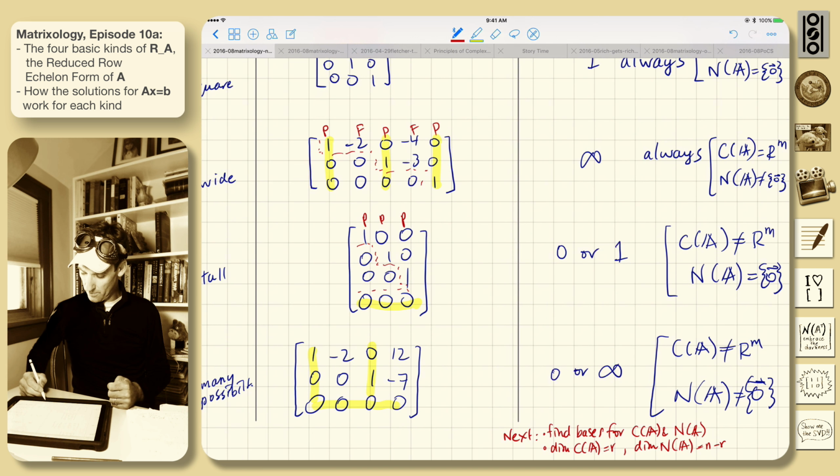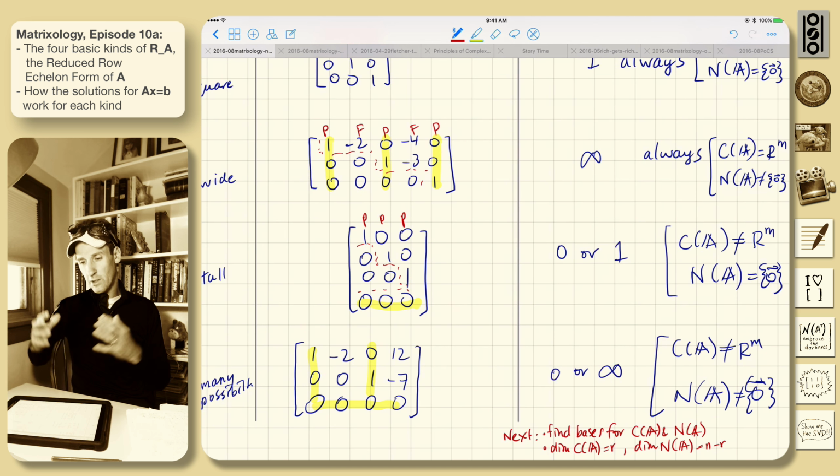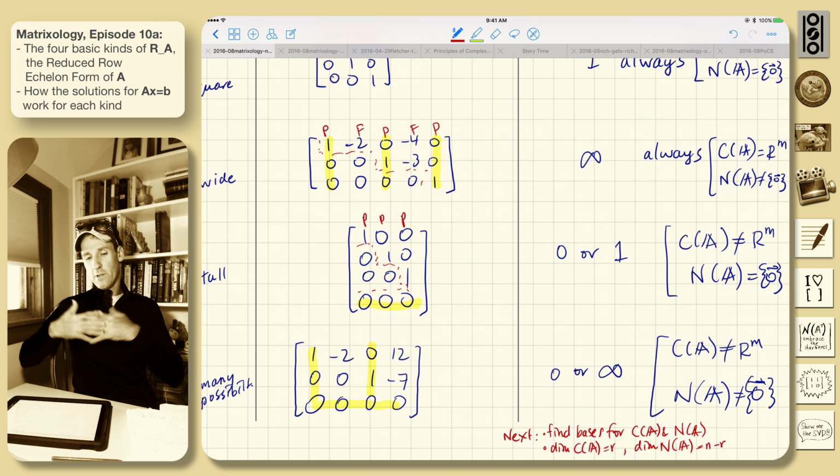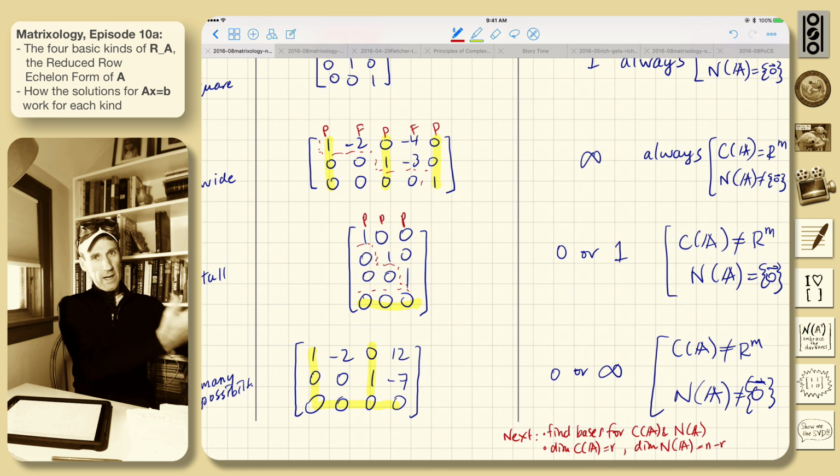If the dimension of your null space is not 0, then there's some stuff in it, and there can be infinitely many solutions. And if the dimension of your column space is less than m, which is where your vectors are ending up, when you take A times x, b lives in Rm. If you can't make everything there, then it's possible there are 0 solutions. All right, things are getting tougher. Concentrate.